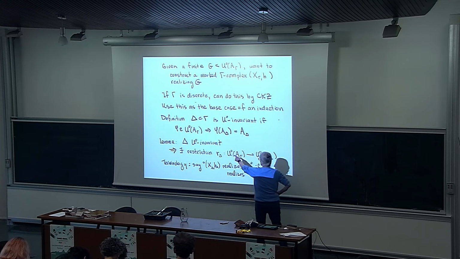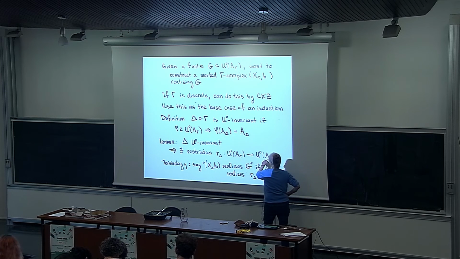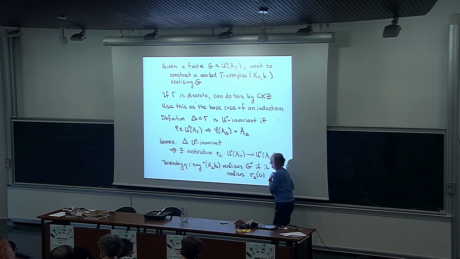So if you have a finite subgroup here, you can look at its image over here, and you say that a complex over here realizes the group if it realizes the restriction.